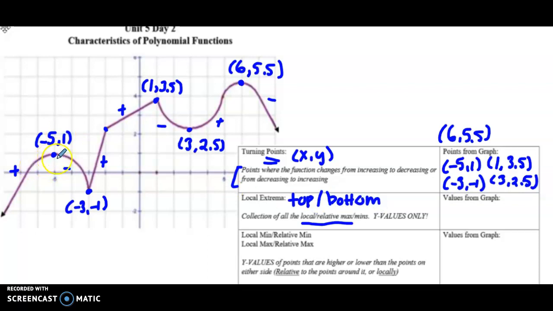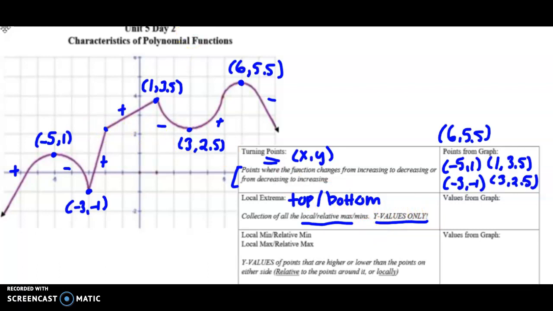All right, so if you notice this -5, 1, this point, this 1 is higher than all of these points around it. Now, since we're talking about how high and how low, that's our y-axis. So notice these are y values only.